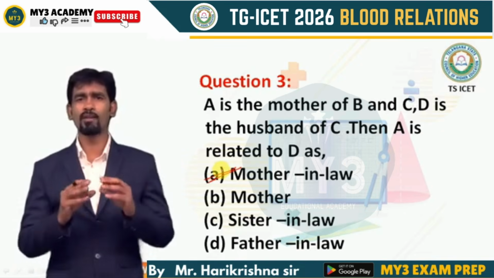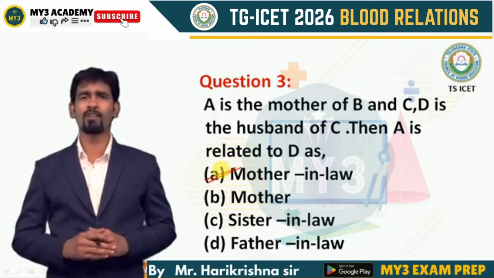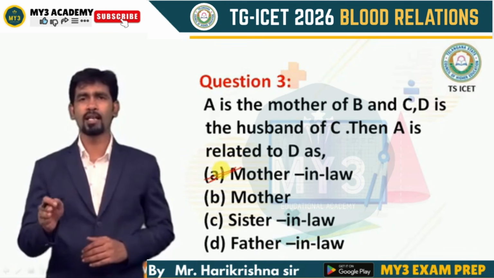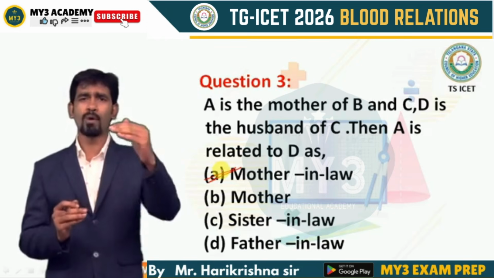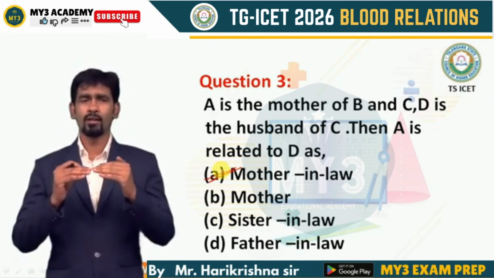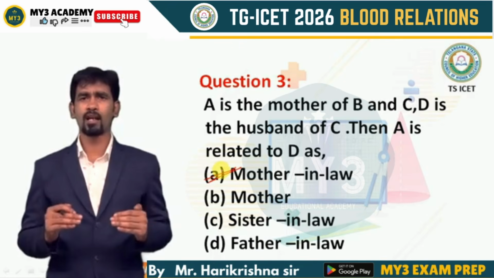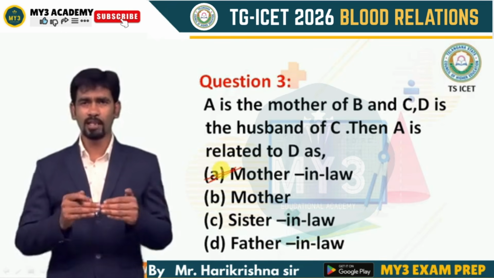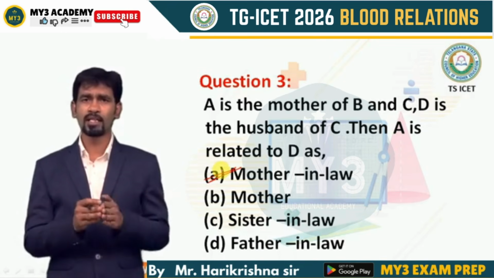What you need to do is, there will be some set of statements. Put them in the form of a diagram, read the last sentence, and understand what the base value is. If you are moving up, it is a higher generation; if you are moving down, a lower generation. You and your brothers, your sisters, and your wife or husband will be in the same generation. Put them in the same line.